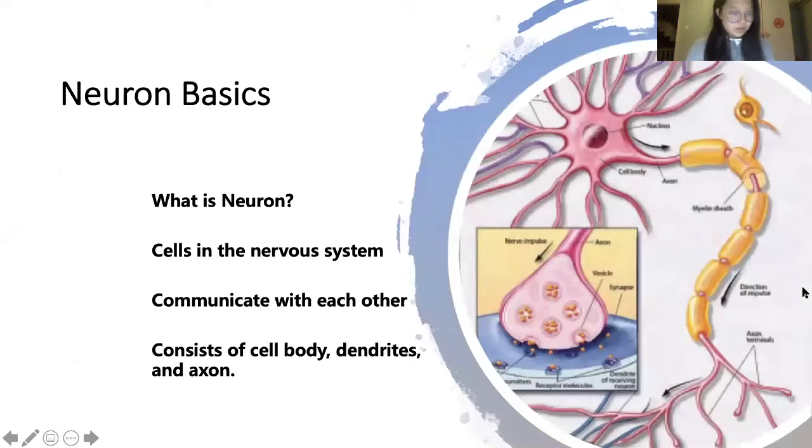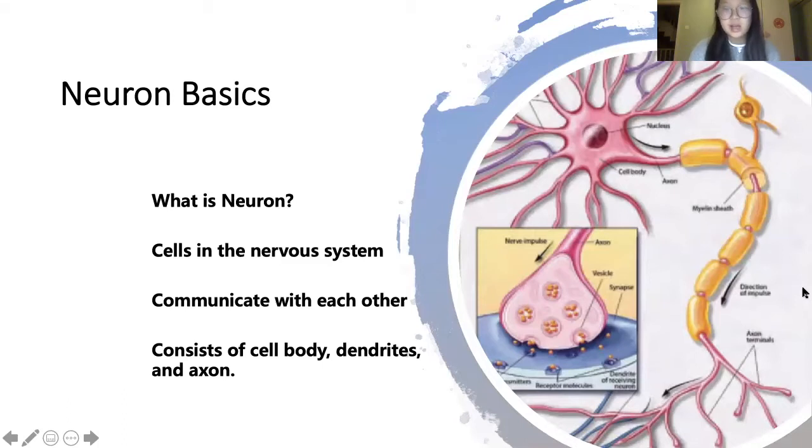Neurons are cells within the nervous system. We communicate with each other because we have neurons, and they're the basic working unit of the brain. They communicate with each other.